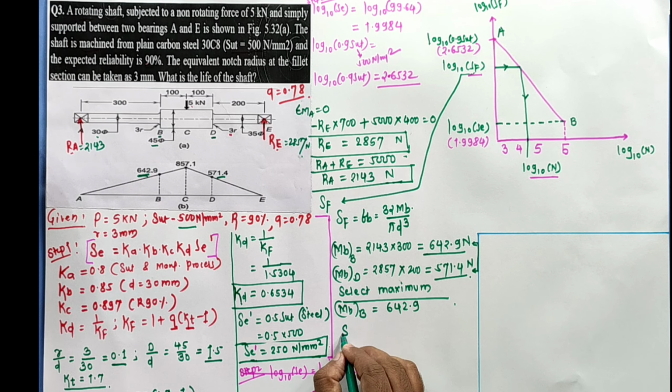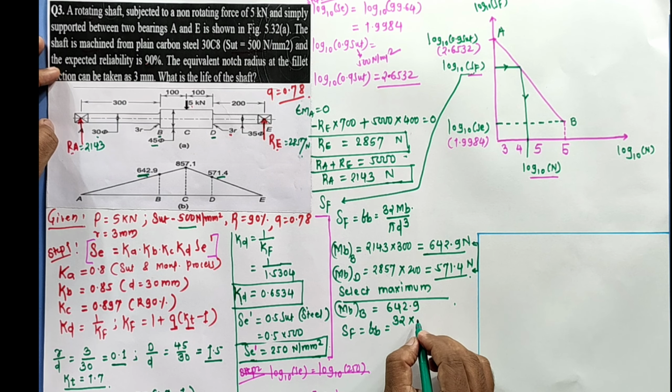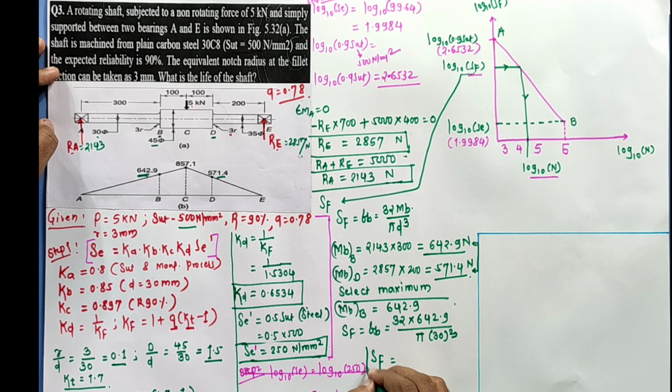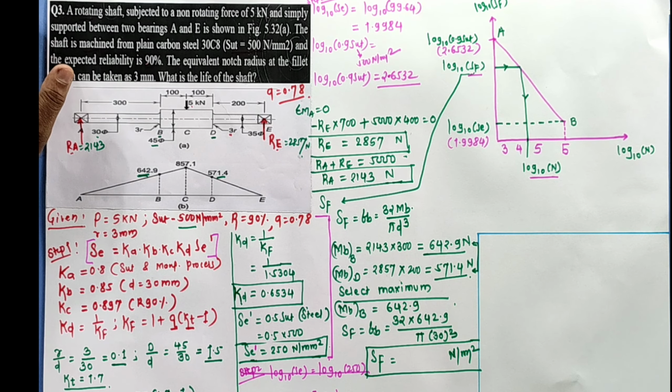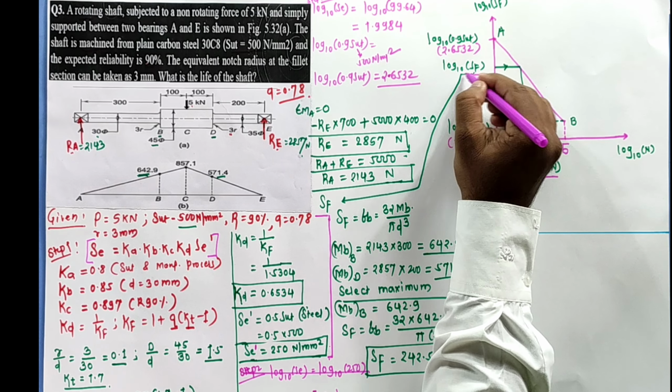So I'll write SF is equal to sigma B is equal to 32 into 642.9 divided by pi, diameter is 30 mm cube. So here SF is equal to, just try to find out from your side, the applied stress, that is 242.54 Newton per mm square. But we know we'll have to use log base 10.